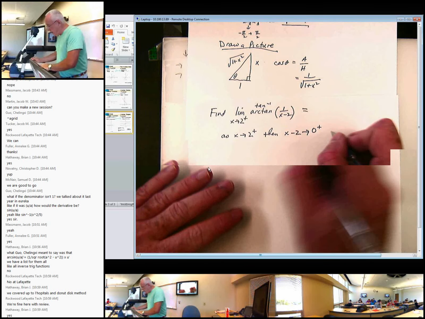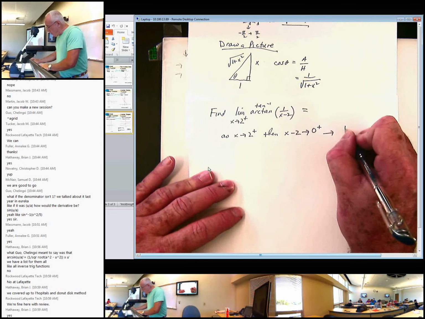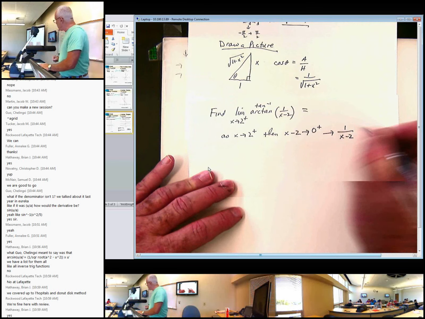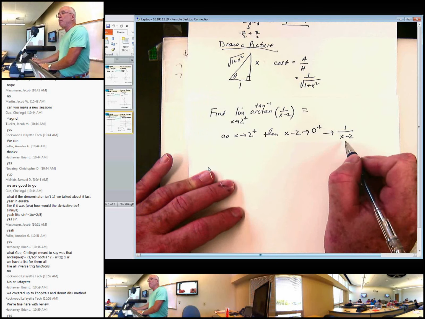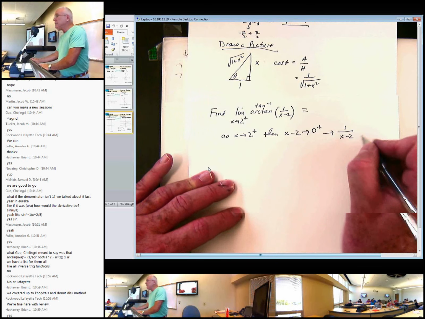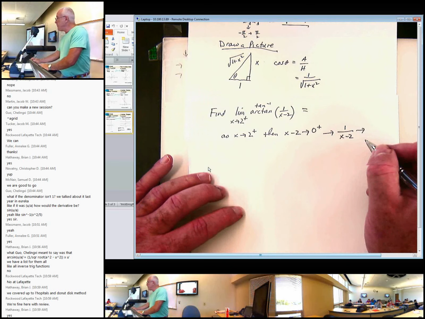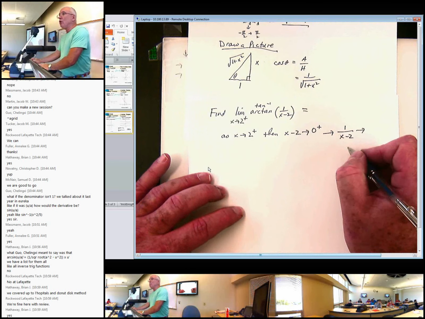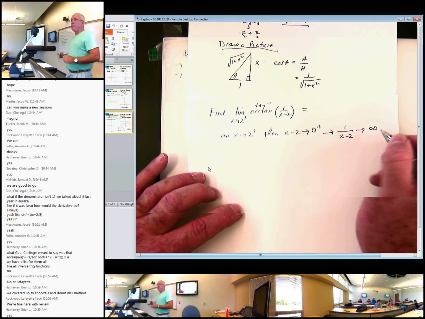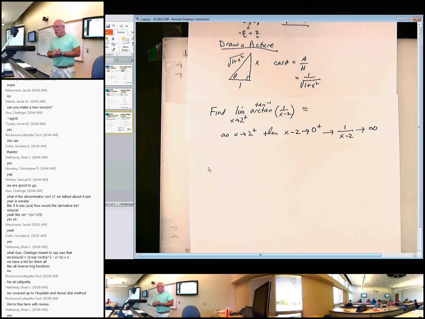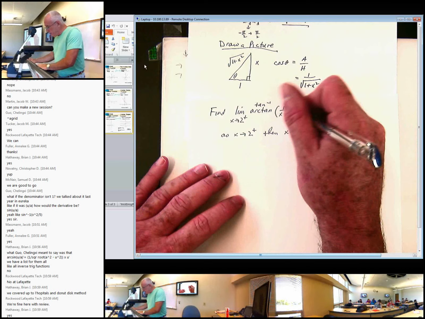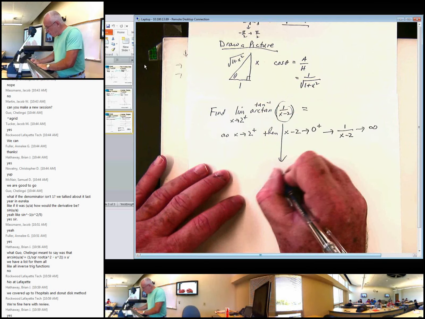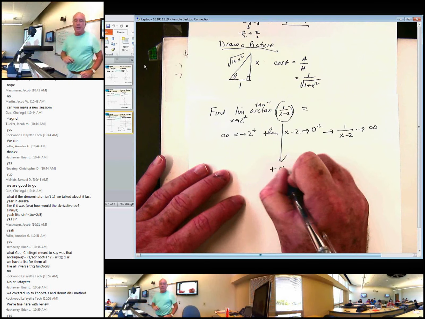Therefore, 1 over x minus 2, which is the expression that we have, if this is approaching 0 from the positive side, when I divide by it, I'm going to be dividing by smaller and smaller positive numbers, so I'm going to go to positive infinity. So this expression here is going to be approaching positive infinity.